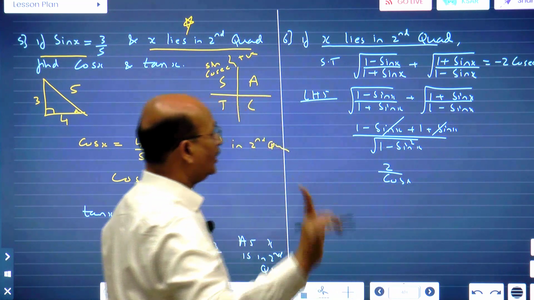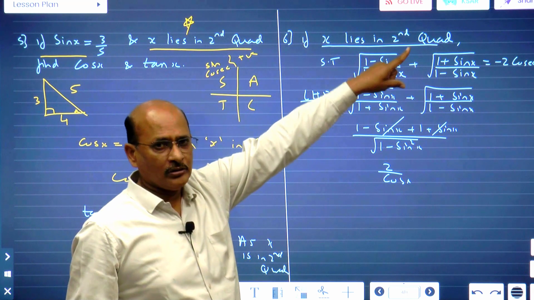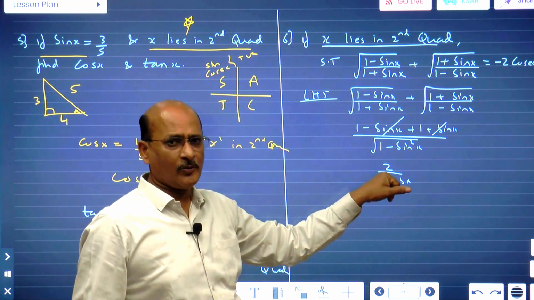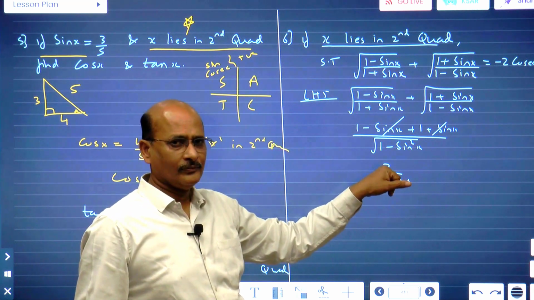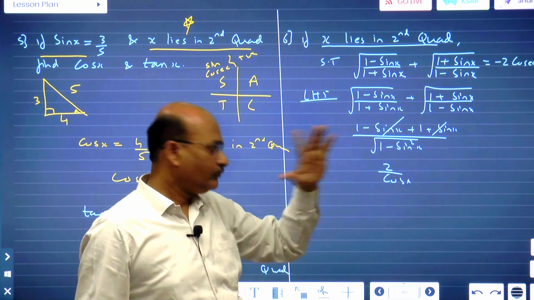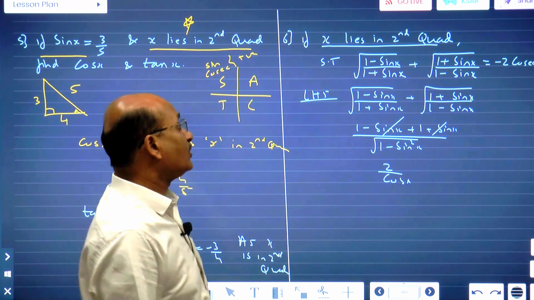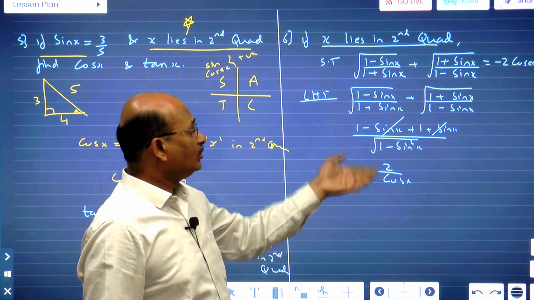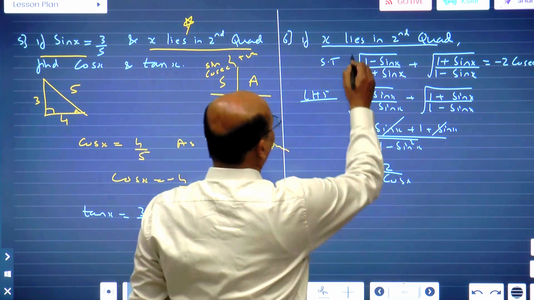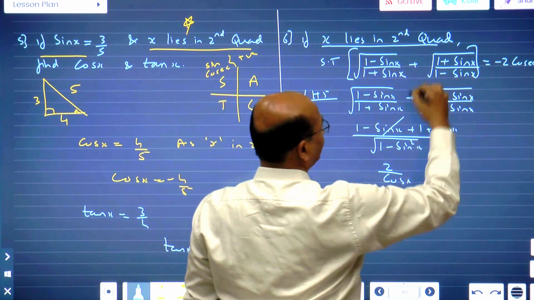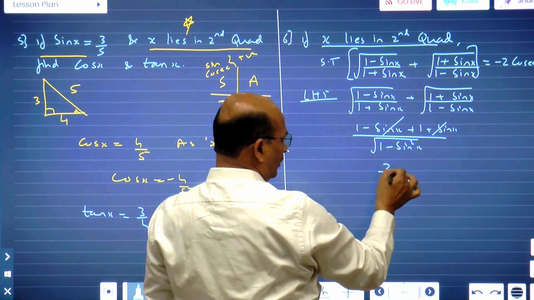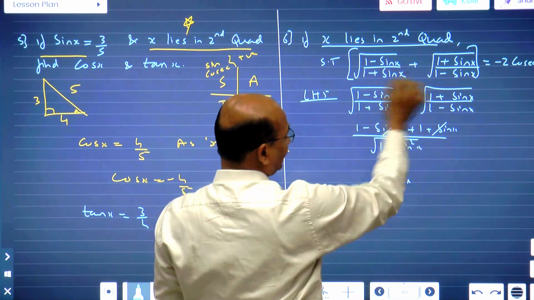Now hold on. x is in the second quadrant. So tell me, this cos will be negative or positive? Negative. You might ask me, why are you doing this in the end? You are supposed to find the value of this expression. So when I found the value, I got this after simplifying.